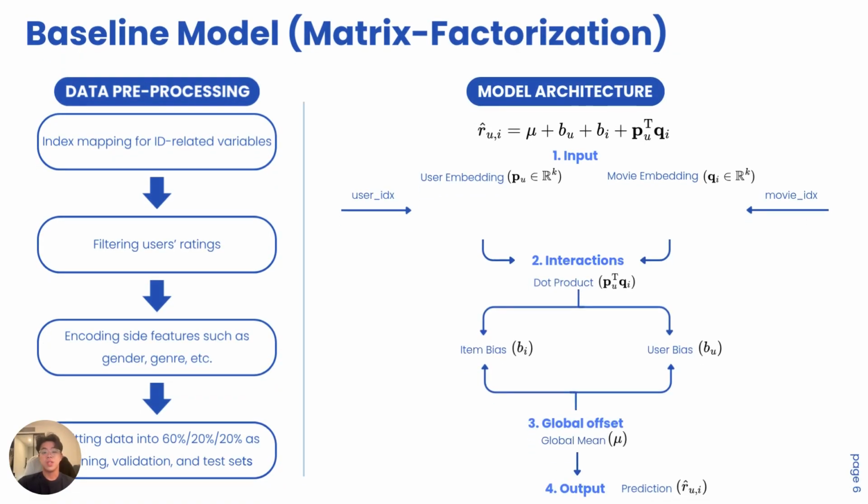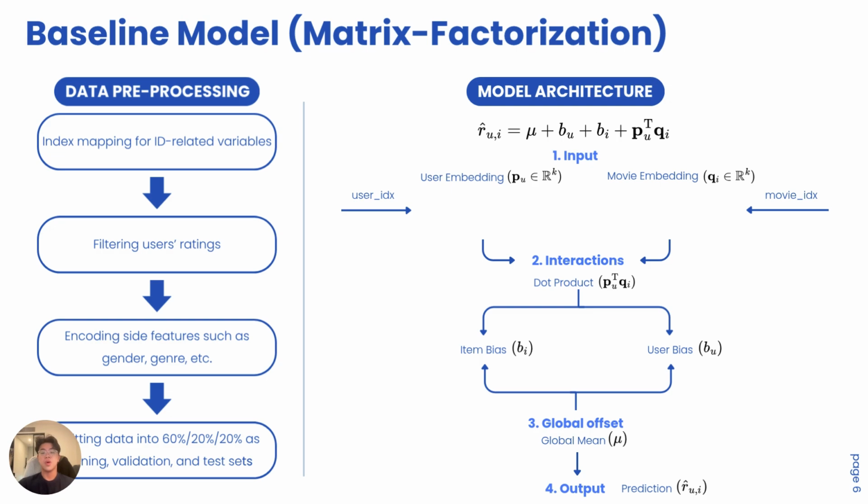Now that I've covered our data collection, let's move on to our baseline model, which is matrix factorization. Let's go to the data preprocessing part, where I converted the original user ID and movie ID into serial-based continuous indices, since our matrix factorization baseline and future neural network models require integer indices.